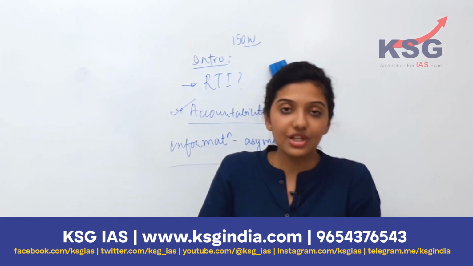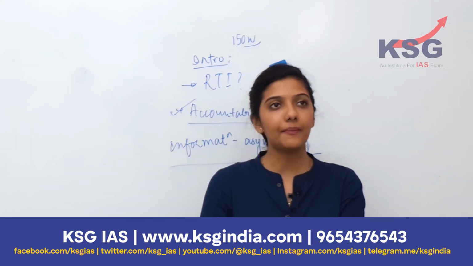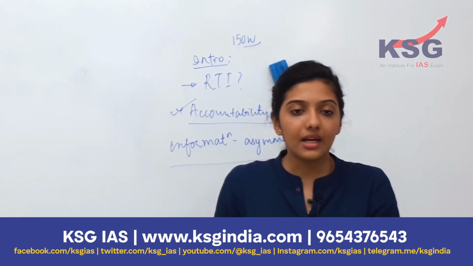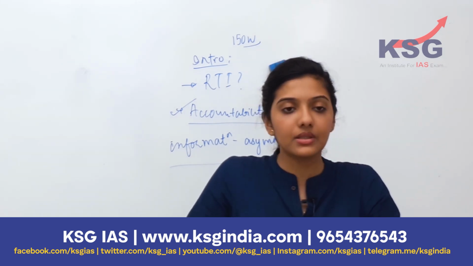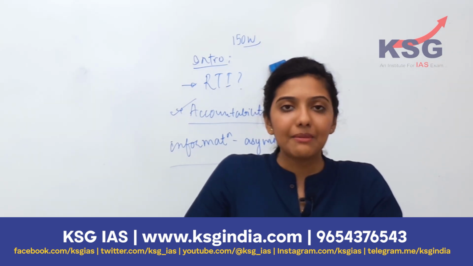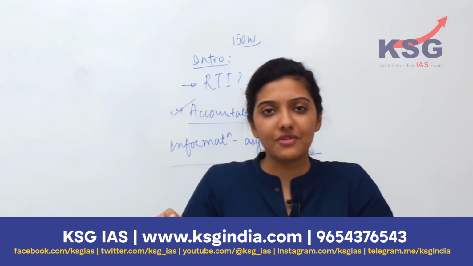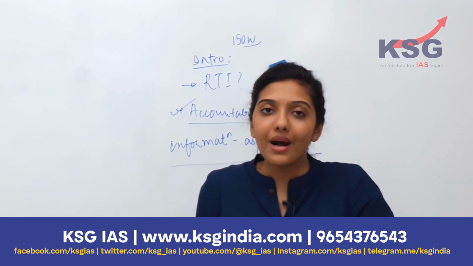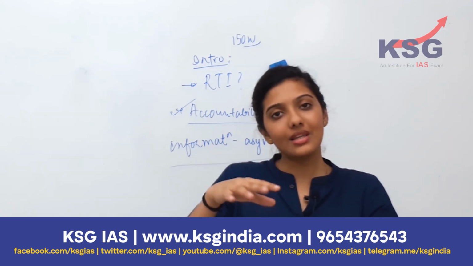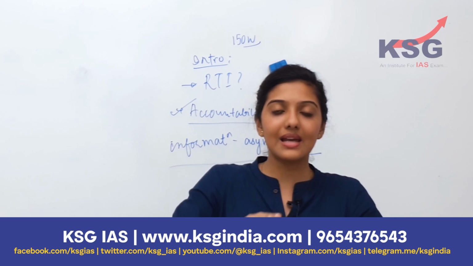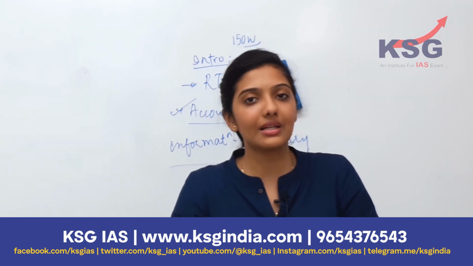For potential conflict of interest, I gave an example that if a person who is a government employee gets a chance to work as an election officer in a particular area, he is in a position where he has to decide whether or not he'll continue to work in that area.